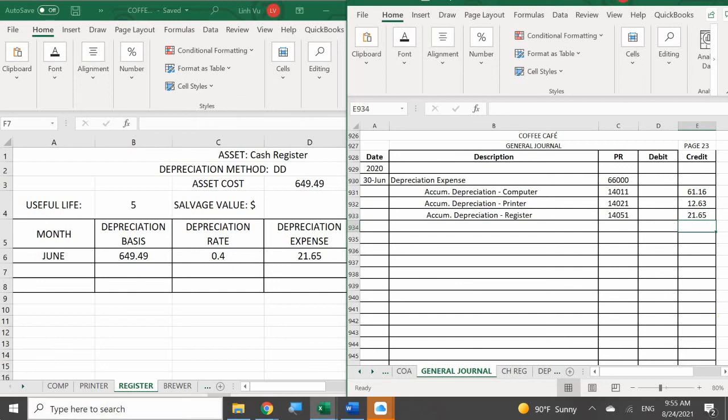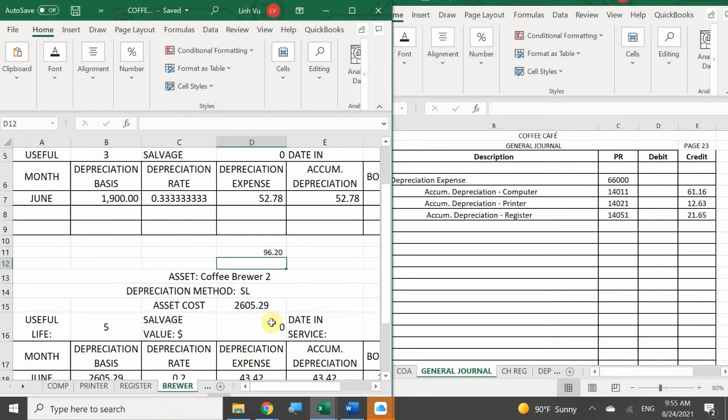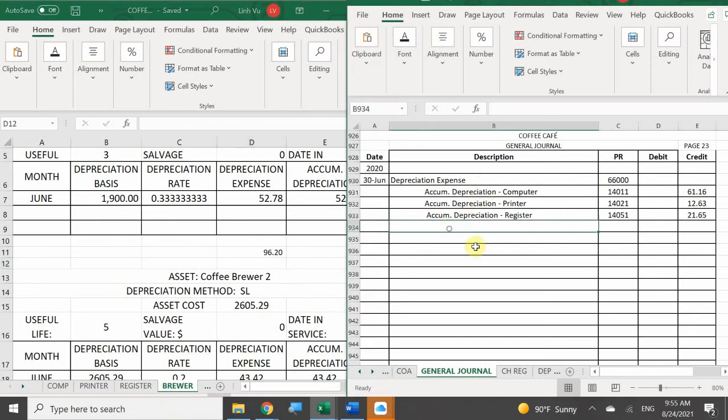Let's see what's next on the list. Next on the list is going to be our coffee brewers. So accumulated depreciation for the brewers. So we just have to add up all this, right?